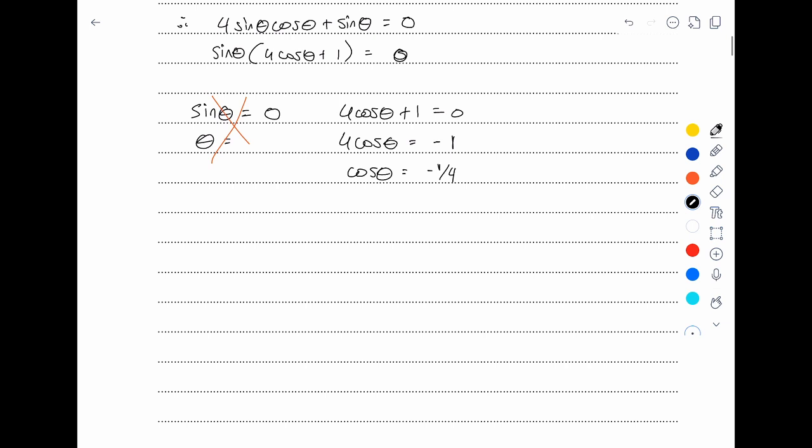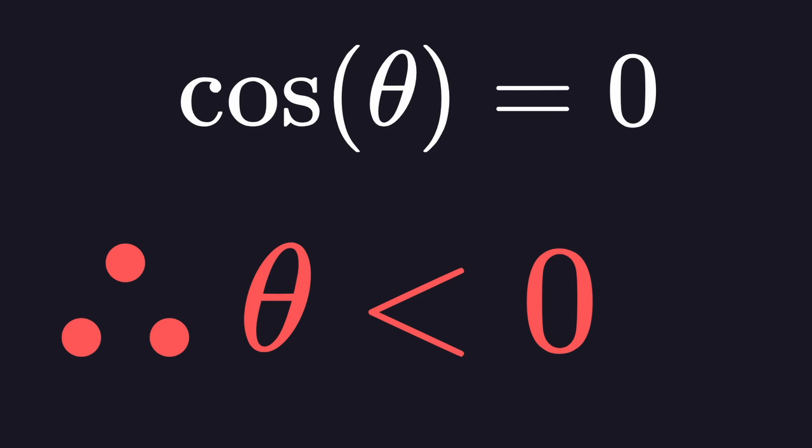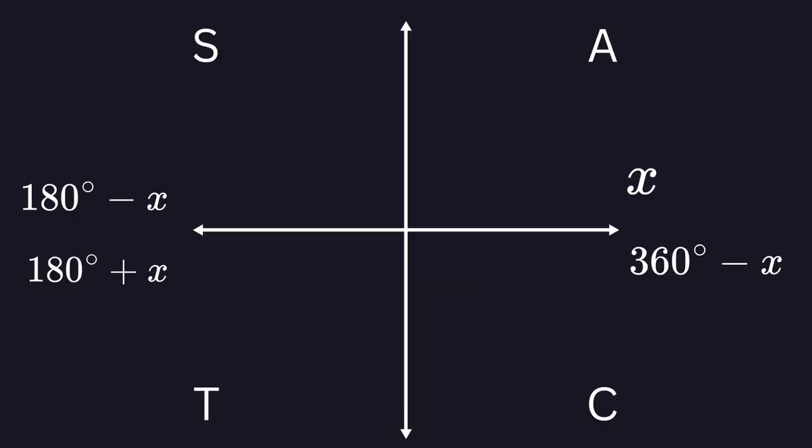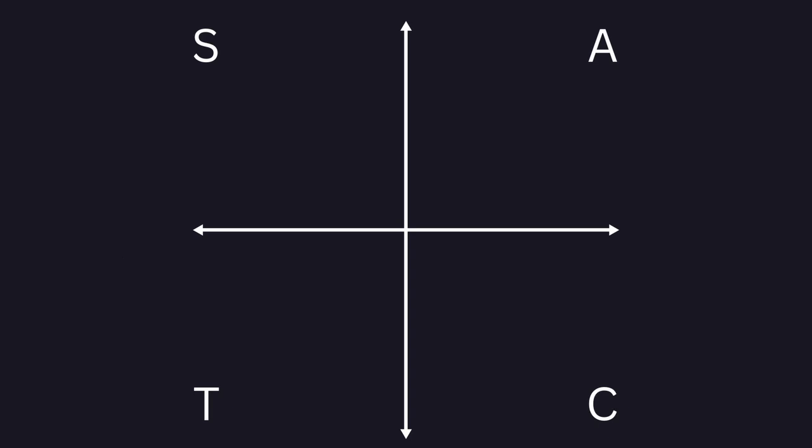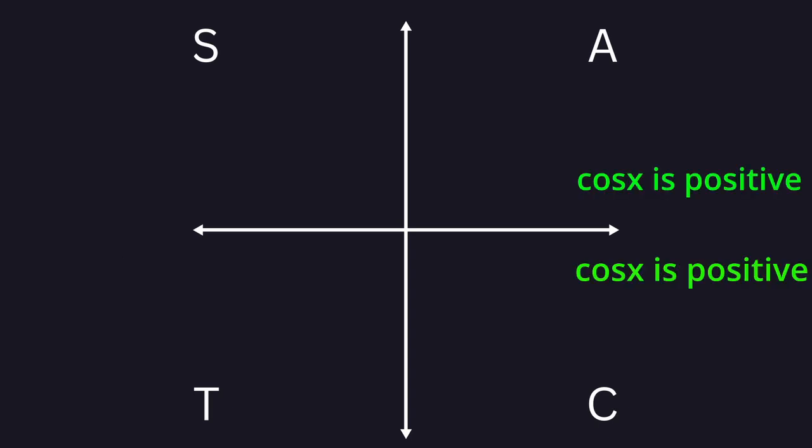If cos theta is equal to negative a quarter, then obviously we have theta equaling a negative. And so if we go to our CAST diagram, we have a few options to demonstrate this. We know that if cos theta is positive, it must lie in these two quadrants.